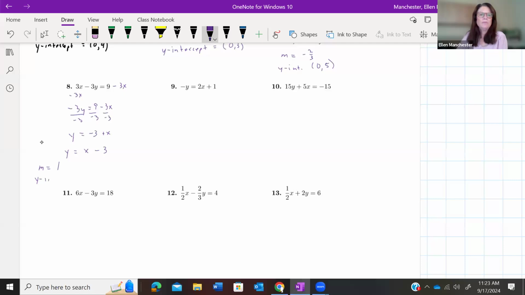And my y-intercept? -3. 0, -3. Okay, so mx, m is your slope. The x value is just part of the linear equation, and then the -3 is your y-intercept.